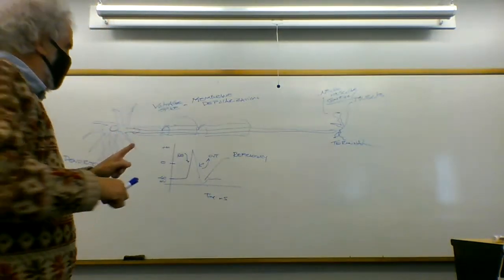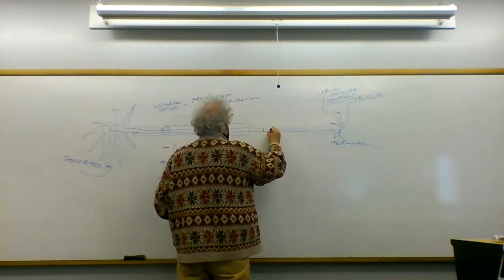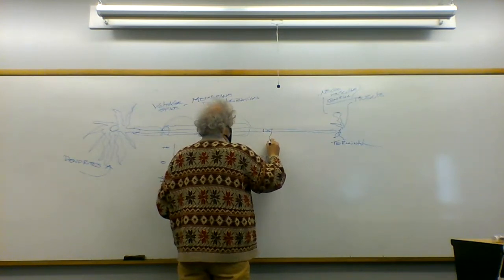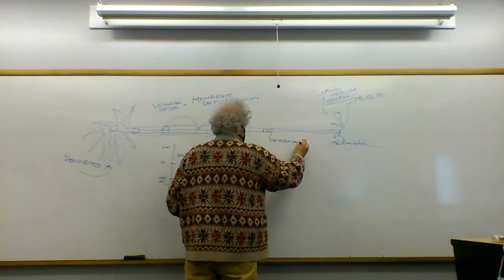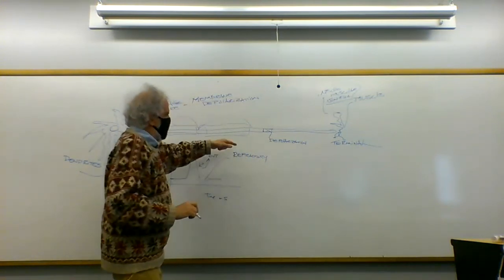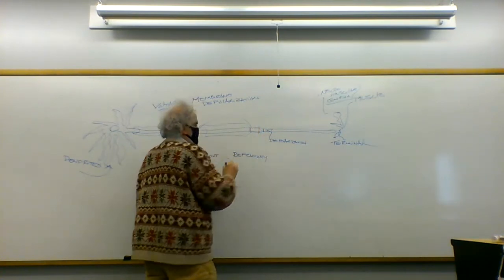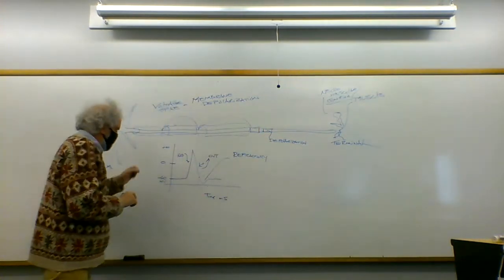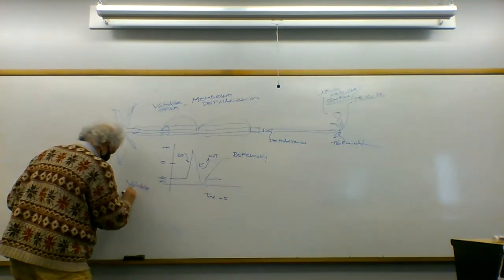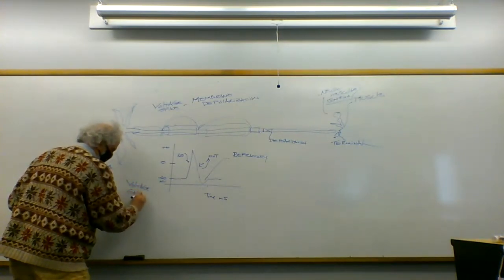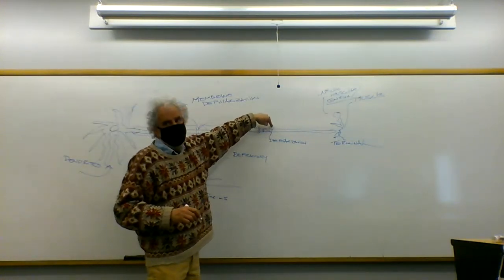And the reason this is cool is that if this patch is going through a depolarization, the neighboring patch is depolarized because this patch just went through a depolarization. So this is where these voltage-gated ion channels come into play. A change in voltage here snaps open the channels here.